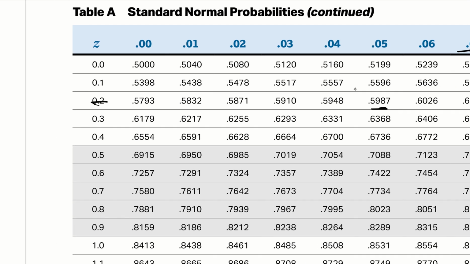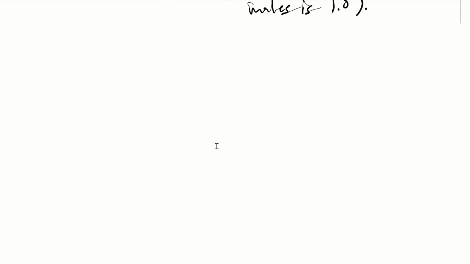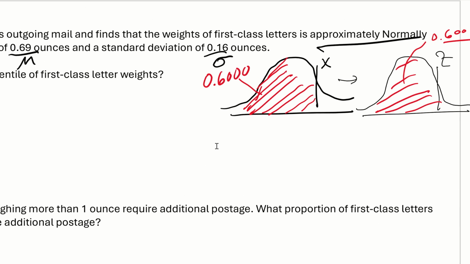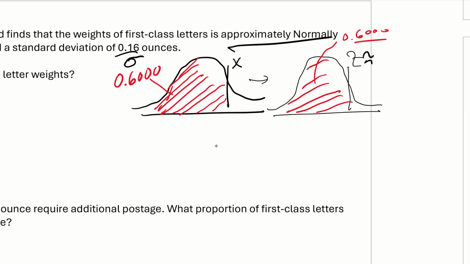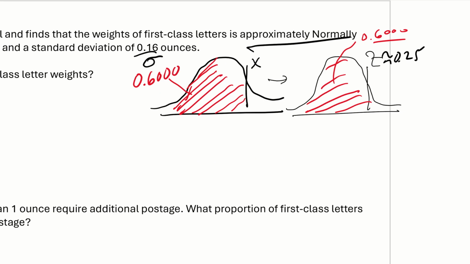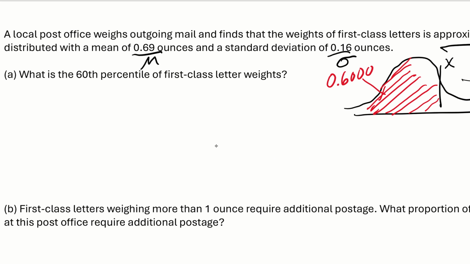All right, so that's 0.25. So the z-score is approximately 0.25. All right, so let's go back here. The z-score is 0.25. That means our formula, remember, is z equals x minus mean divided by standard deviation.